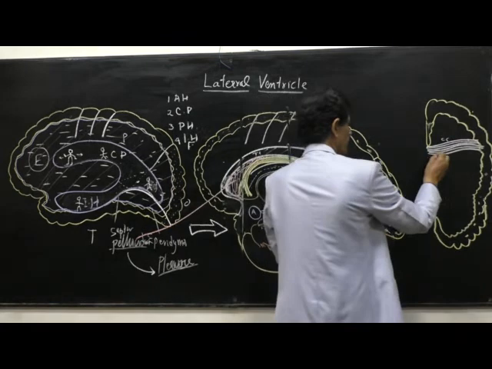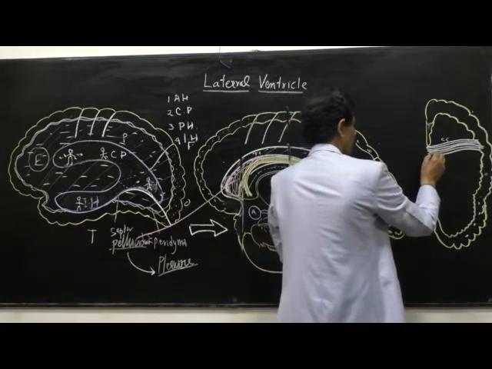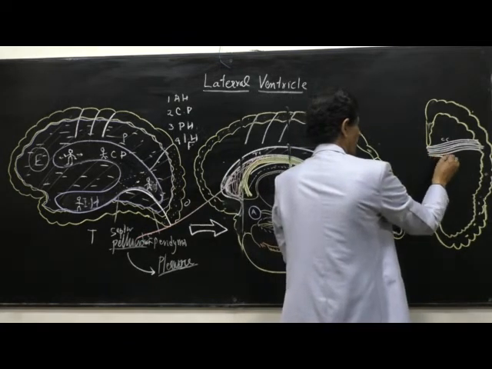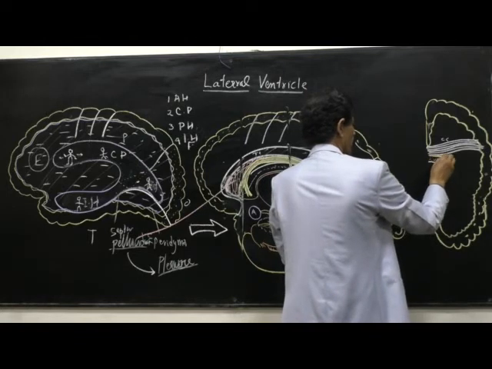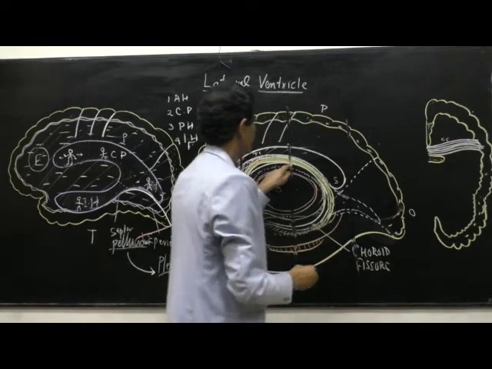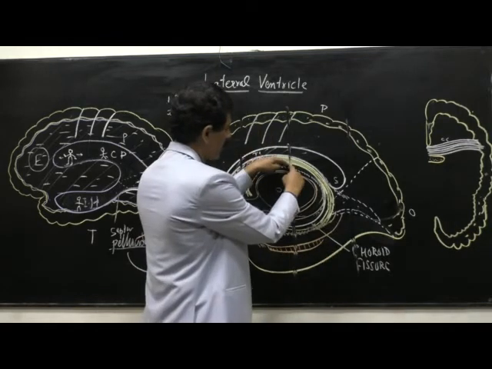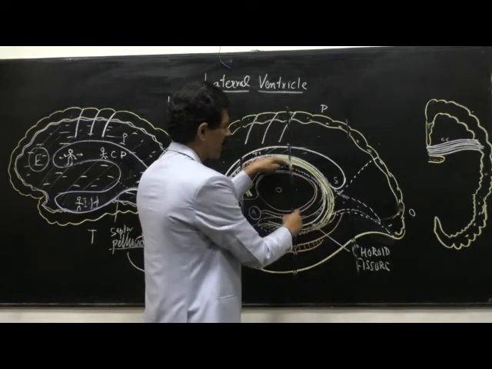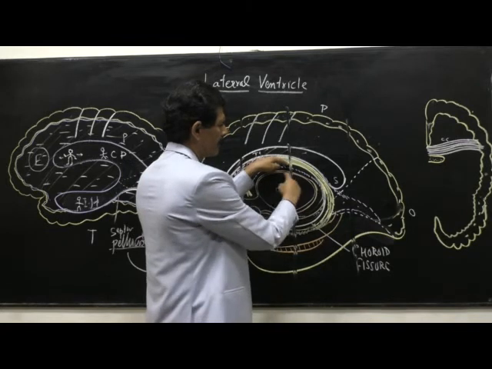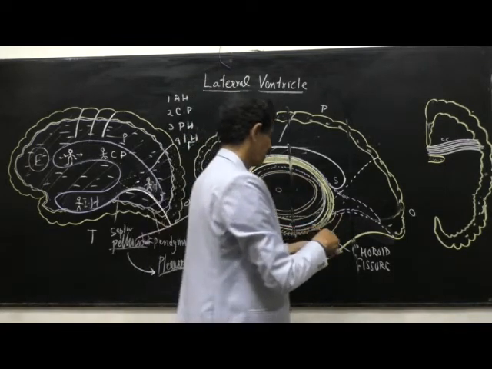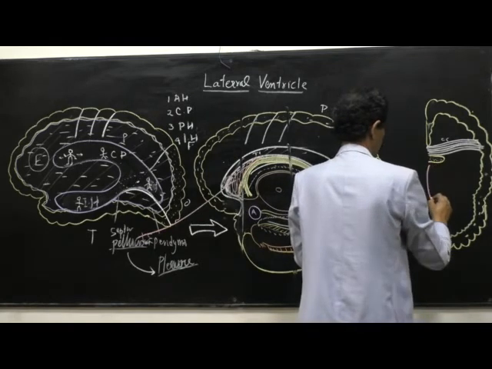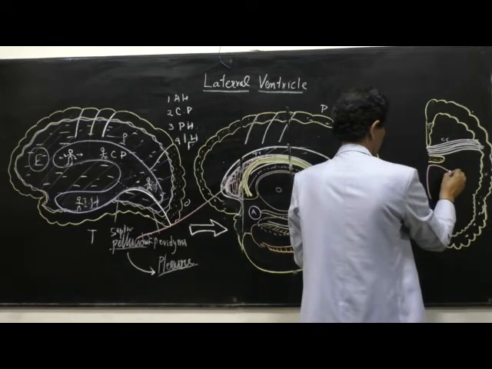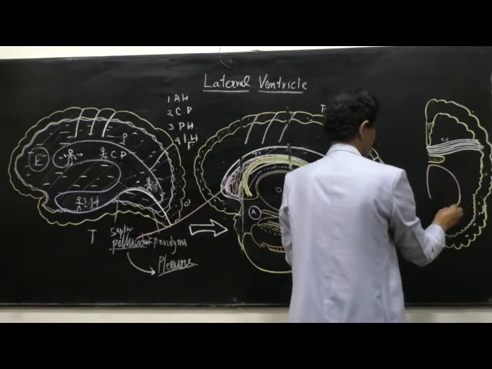Just below here is the body of the fornix. Then from this point to this point, that is the thalamus. The thalamus is cut like this.